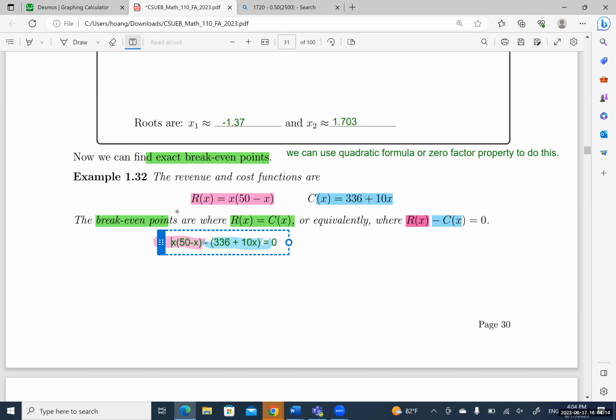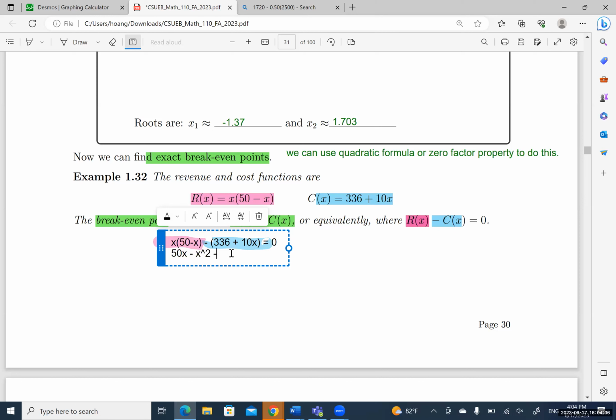Okay, let me use the right one. Okay, so now I can just try to simplify this, right? So I would like to distribute, like 50x minus x squared, right?